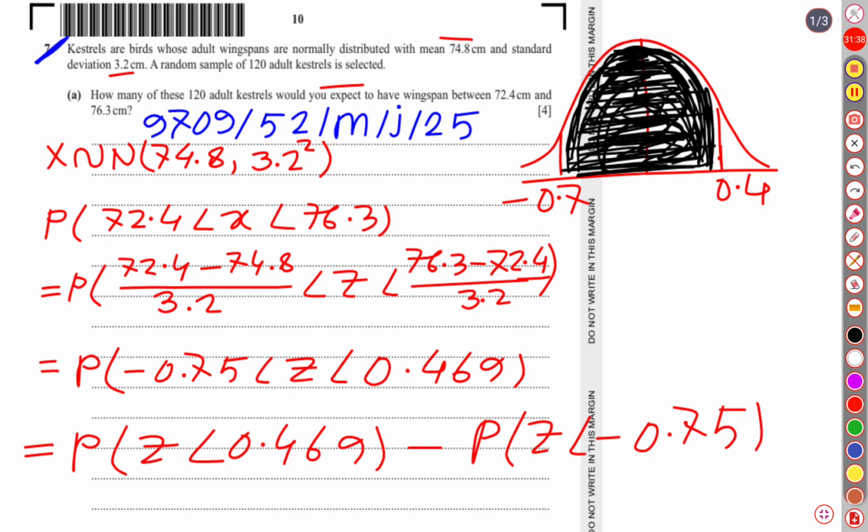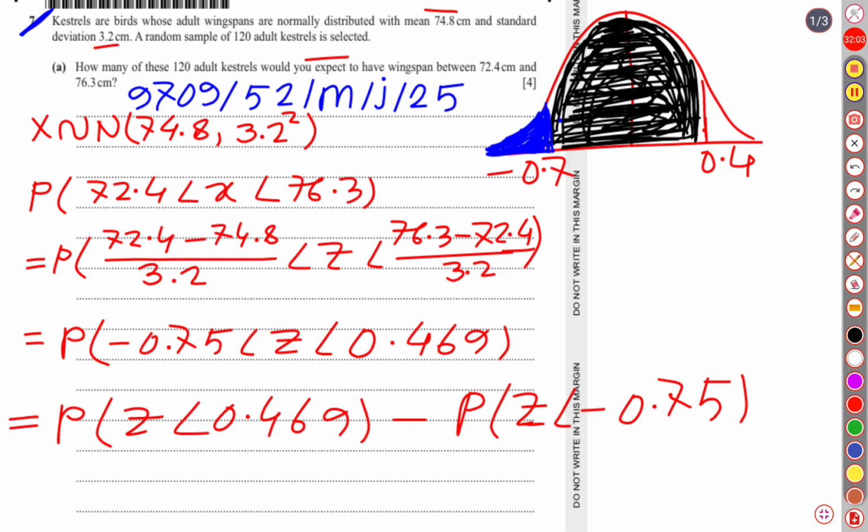You can go back to the previous part of this solution. In the previous solution, you will find how we calculated this. Actually, we will subtract this part, this blue part. Okay, and how to subtract this blue part has also been clarified. So first of all, we will find the whole probability when the z-score is 0.469.